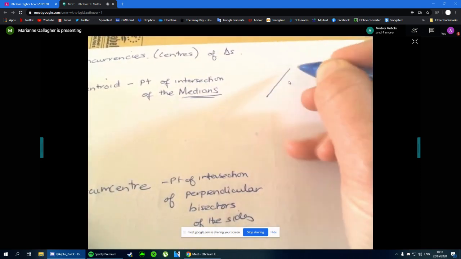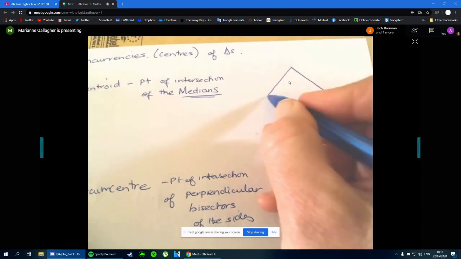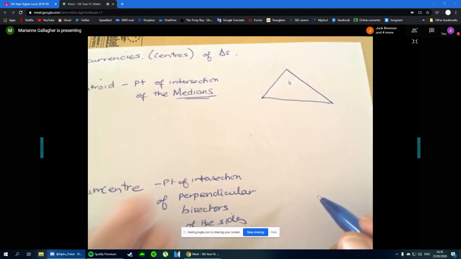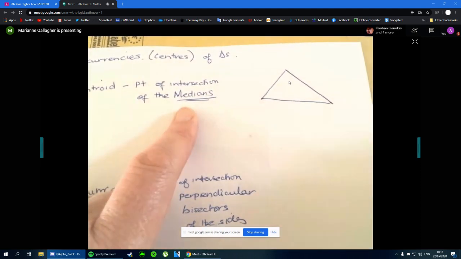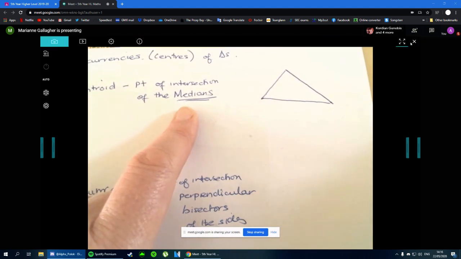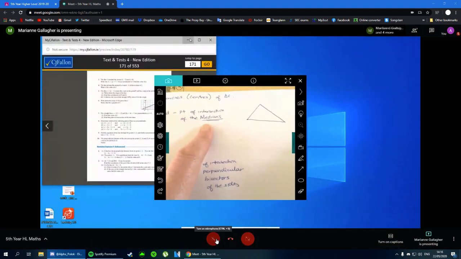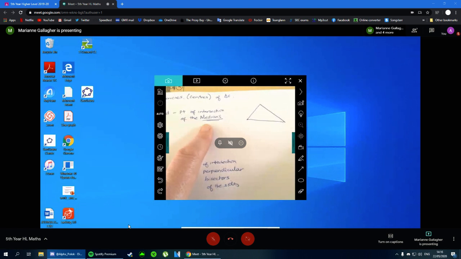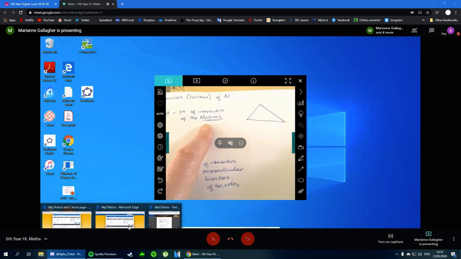if you have a triangle, okay, the median, does anyone know what a median is? Do you know where it starts and ends? Anyone remember what a median is?